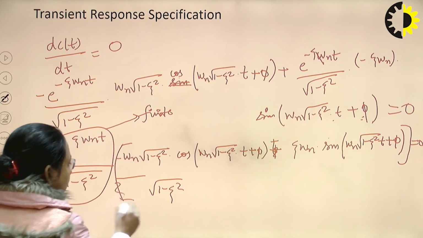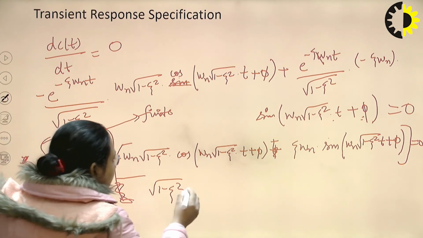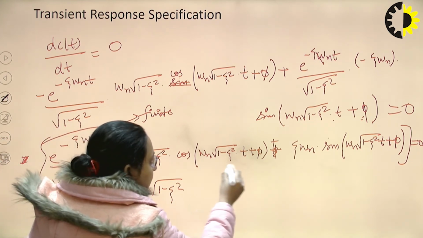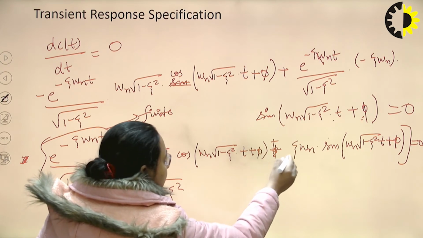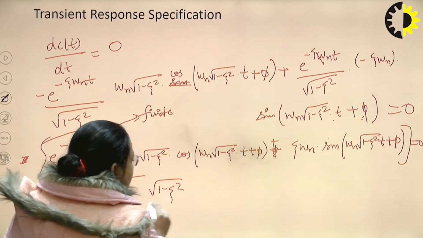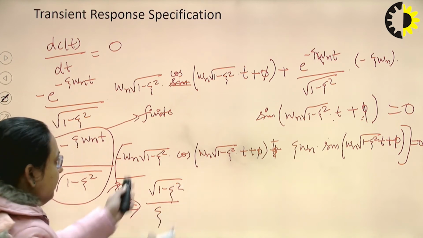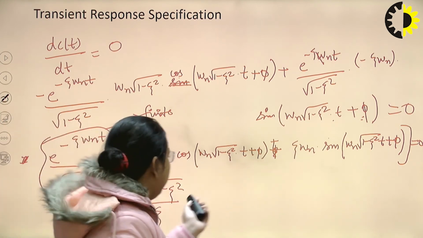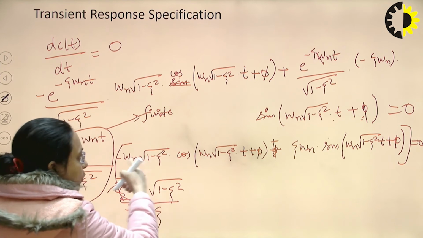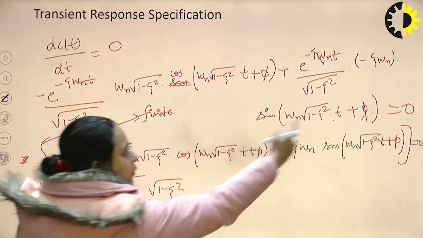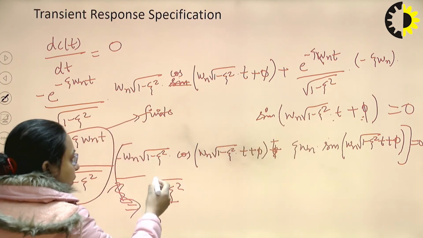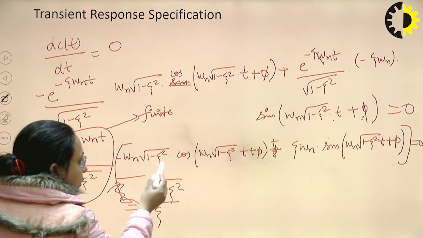I am writing down the other term, 1 minus zeta square, upon zeta. I write this equation directly. Here I have taken omega n, which will be cancelled out as it goes there, and 1 upon this will become under root 1 minus zeta square.